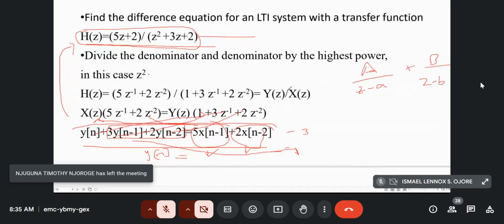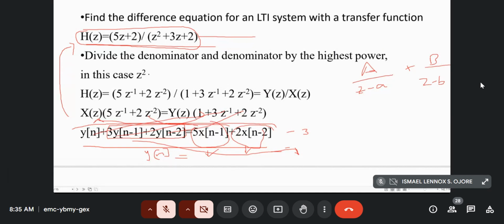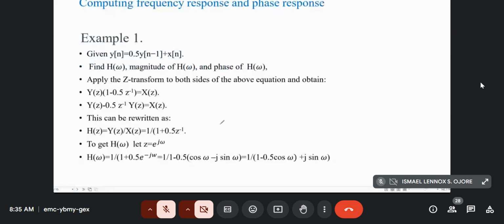Yeah, it was straightforward. I was thinking we normally use this when you're trying to get h[n], but we are not trying to get h[n]. We are just trying to get y[n] from Y(z). So I think there is no question up to there. We can proceed. Any questions?